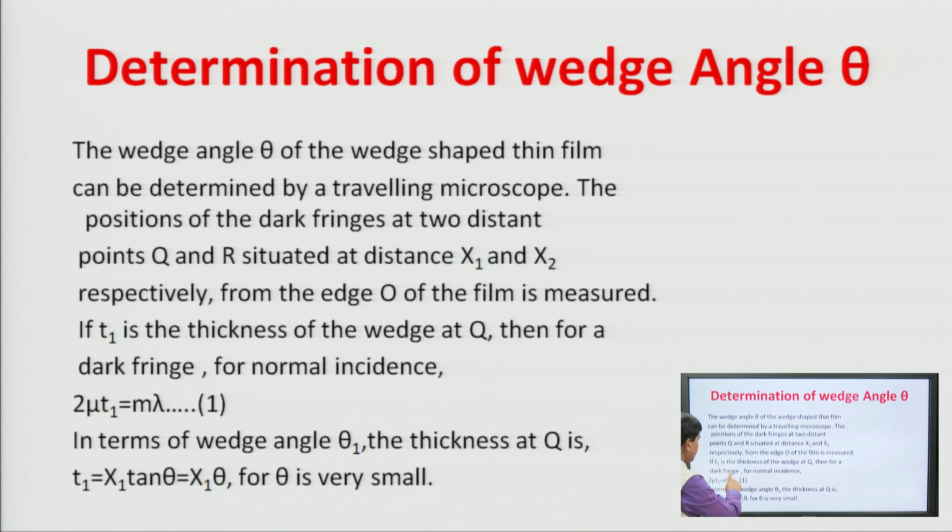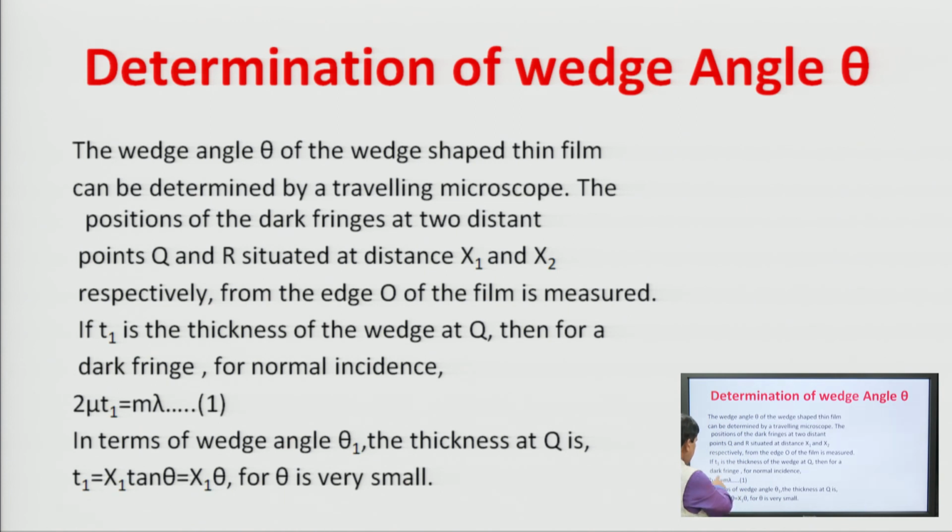Path difference for normal incidence in a wedge shape film is 2 mu t cos theta plus r plus lambda by 2. For normal incidence and small angle of wedge, cos 0, it will become 2 mu t, as we are taking thickness as T1. So, it will become 2 mu T1 is equal to m lambda.